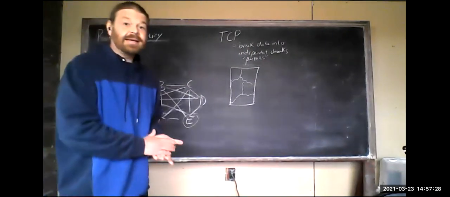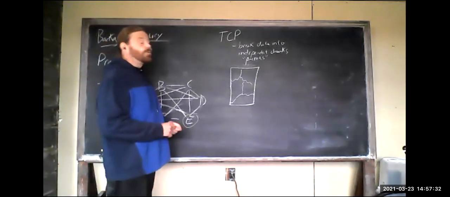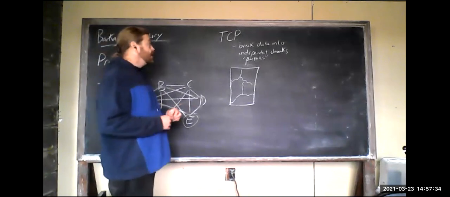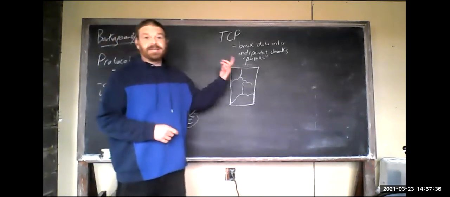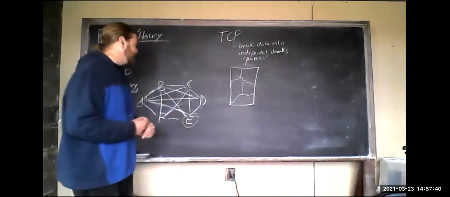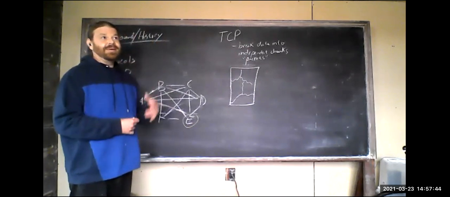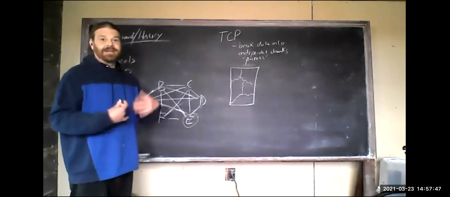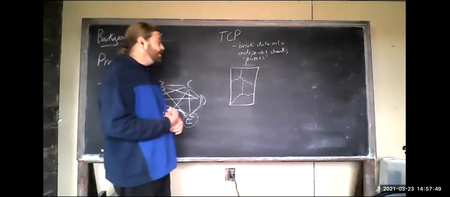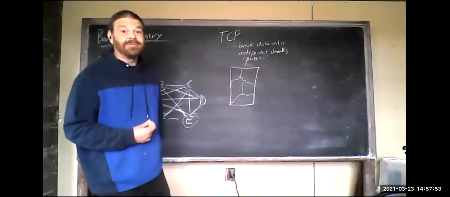If anybody is heading to a 4-year degree after this, in most 4-year computer science programs, you'll have to write this protocol. Like I know at IUS, they will have an example either in the textbook or they'll print out an example where this protocol is written in C and they'll have you write the protocol in Java.